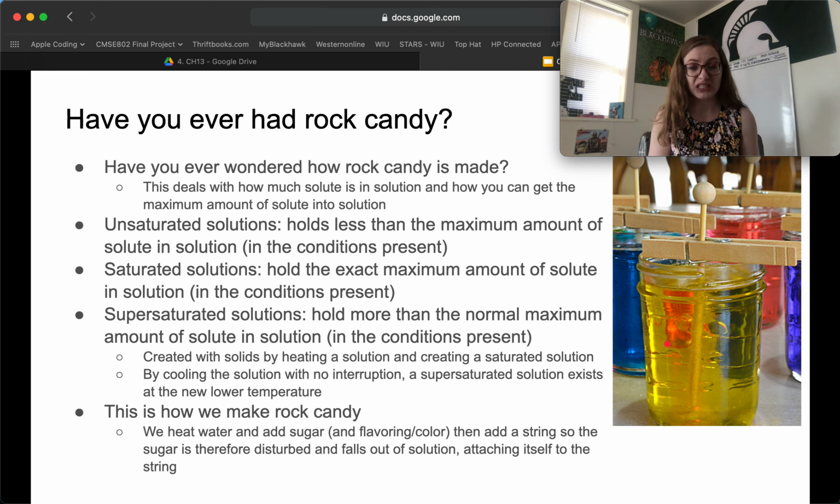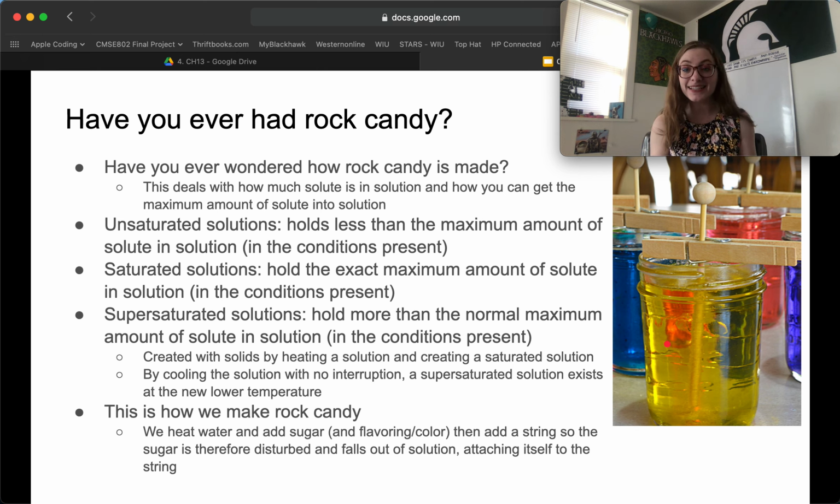So you can also make a supersaturated solution if you think about how temperature interacts with solubility. Supersaturated solutions hold more than the normal maximum amount of solute in solution in the conditions present.